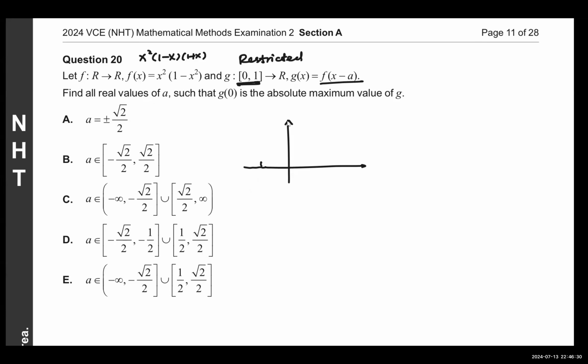Let's do it better. This is -1, this is 1. Something like that.